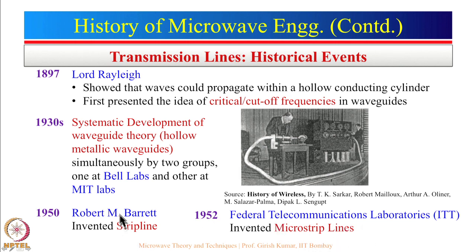For a very long time strip line was the printed circuit version used for a lot of applications and development, but later on microstrip lines were used for developing various microwave circuits and components. In this course we will talk in more detail about these two, but our main focus will be on microstrip lines.